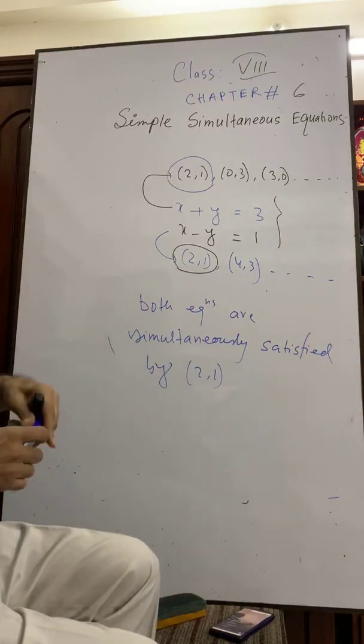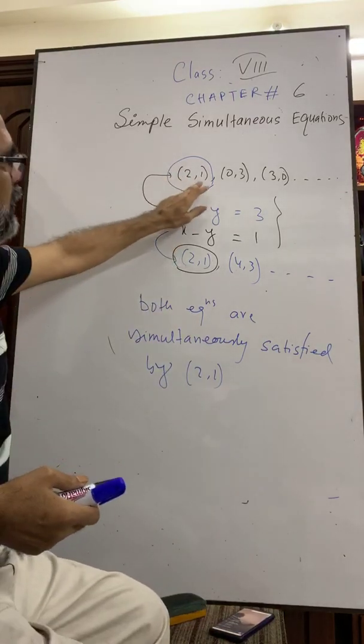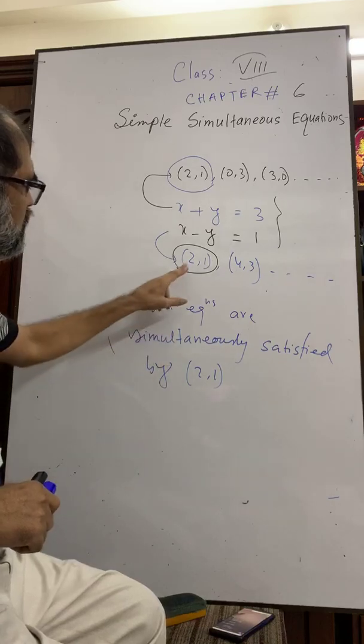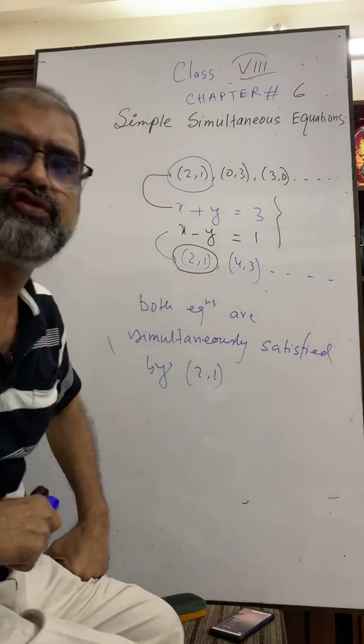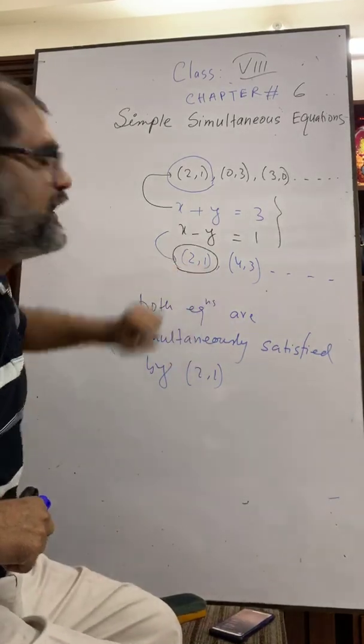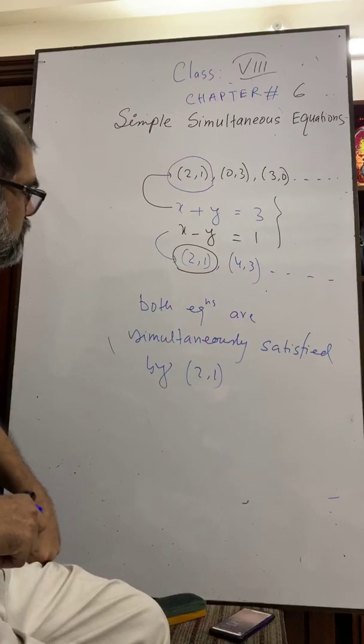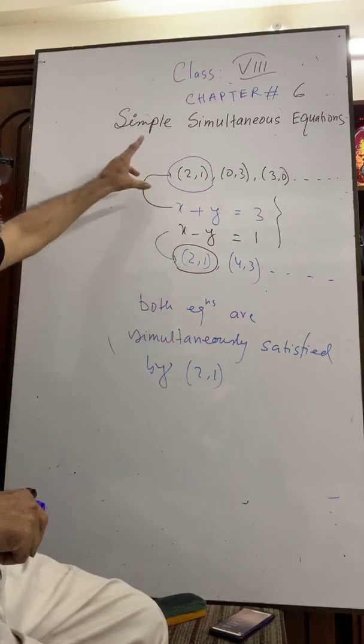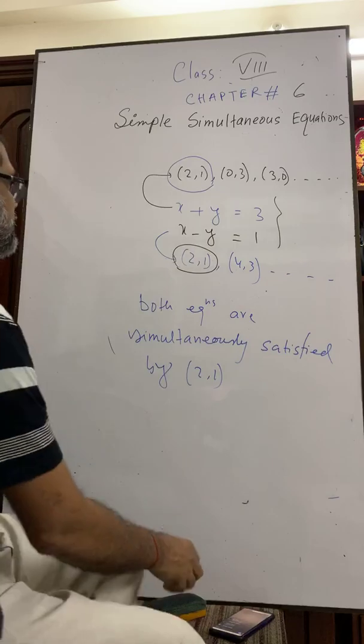That means this 2, 1 will satisfy both the equations. Okay? So this is simple simultaneous equations.